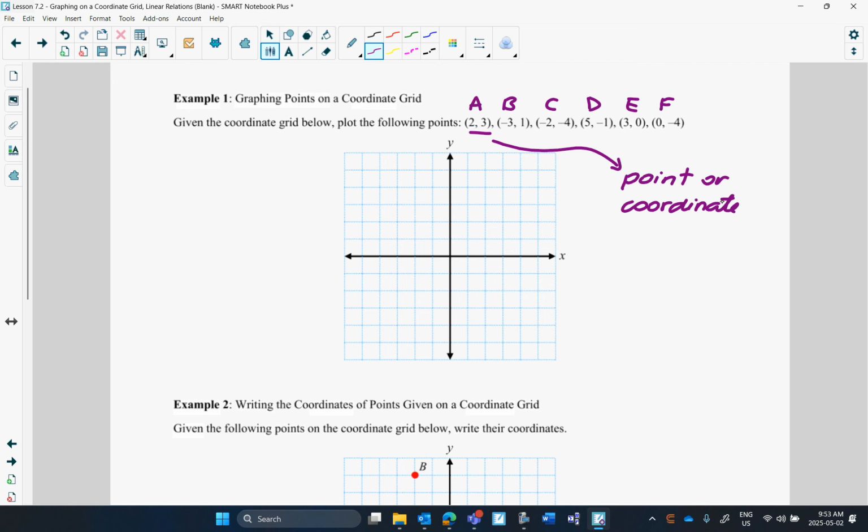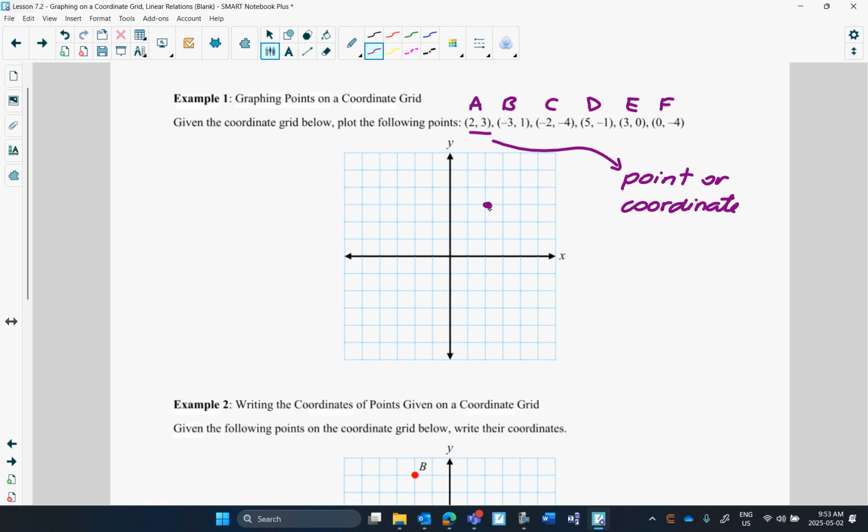So how do we plot a coordinate? Well, we start at 0, 0. The first number in the point or coordinate tells me how much I move to the right on the x-axis. This tells me I have to move positive 2, which means I have to go to the right. So I'm here right now. But then I have to move positive 3 on the y, which means I have to go up 3.